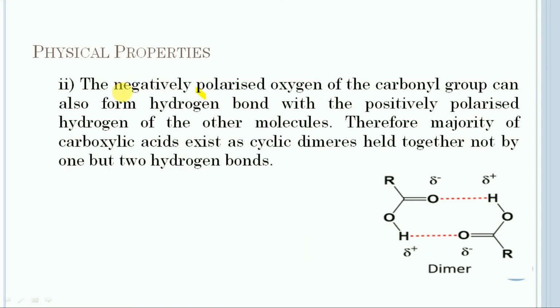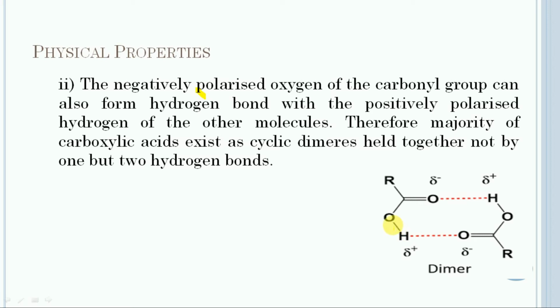The second factor, the negatively polarized oxygen of the carbonyl group can also form a hydrogen bond with the positively polarized hydrogen of another molecule, and we can say that the carboxylic acid exists as a dimer.